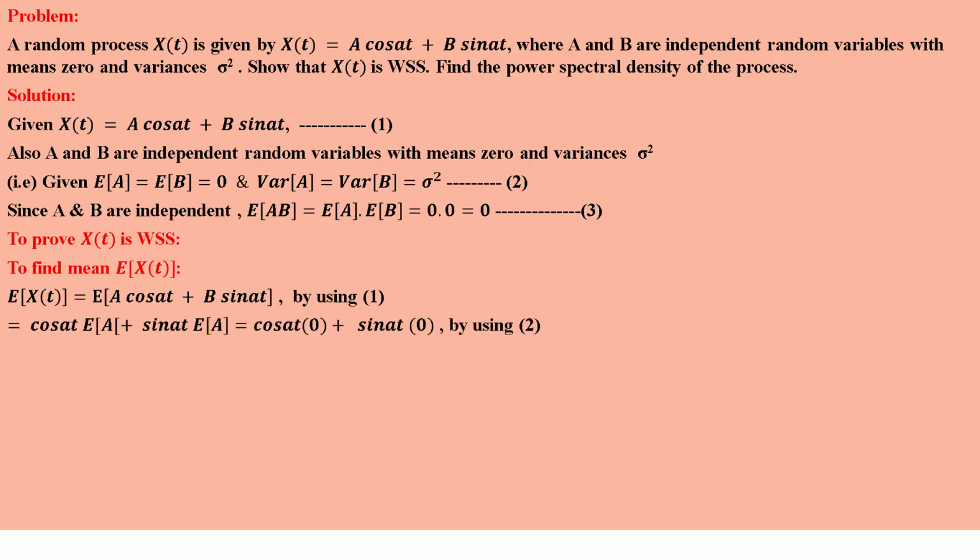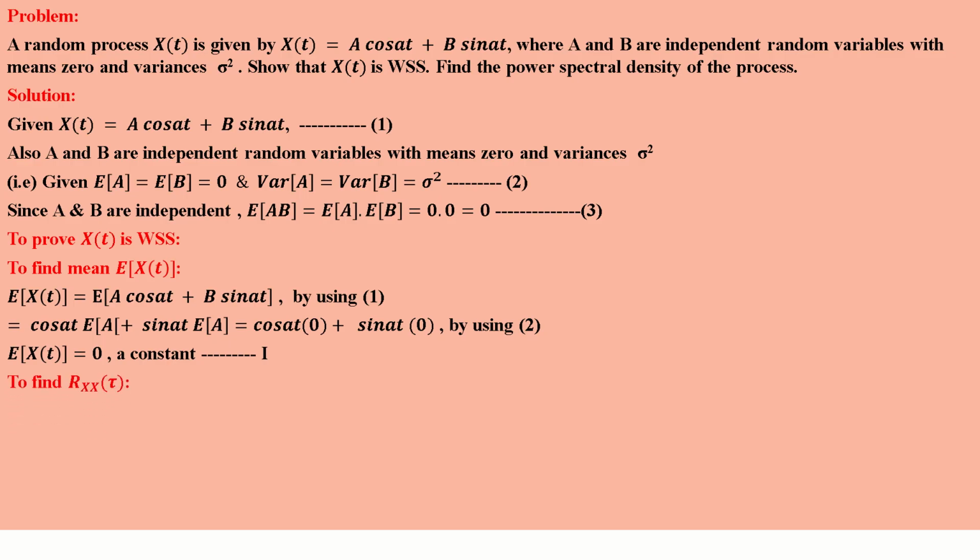Since A and B are random variables, cos αt and sin αt are constants with respect to the expectation, so we take those outside the expectation. So cos αt E[A] + sin αt E[B]. From 2 we know E[A] = E[B] = 0. So the expected value of X(t) is 0, a constant, say Roman letter 1.